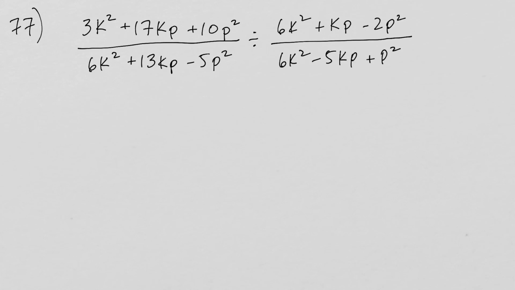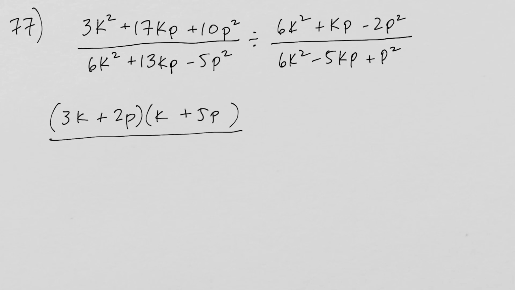Okay, so let's start by factoring the top left. I'm going to put 3k and k, and I got to get to 17, so this must be a 5p and a 2p. That'll get me to my 17 from my inner and outer. On the bottom, I'm guessing that it's going to be 3k and 2k.